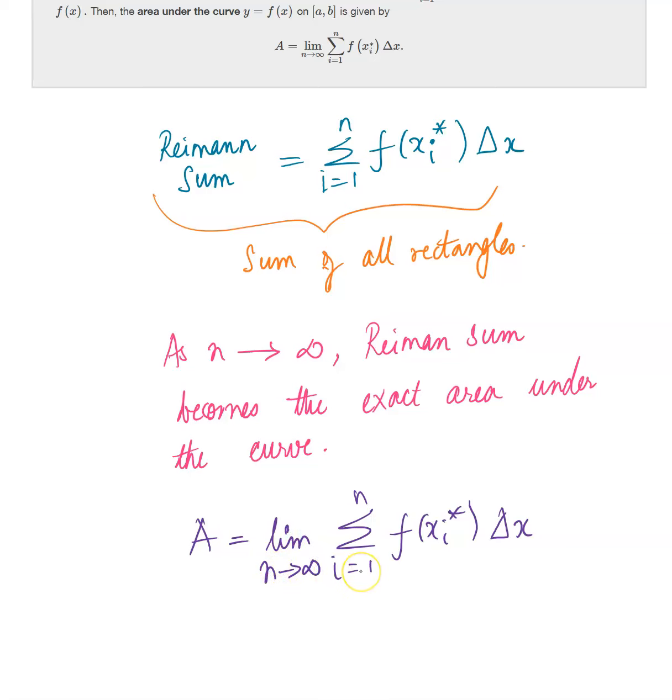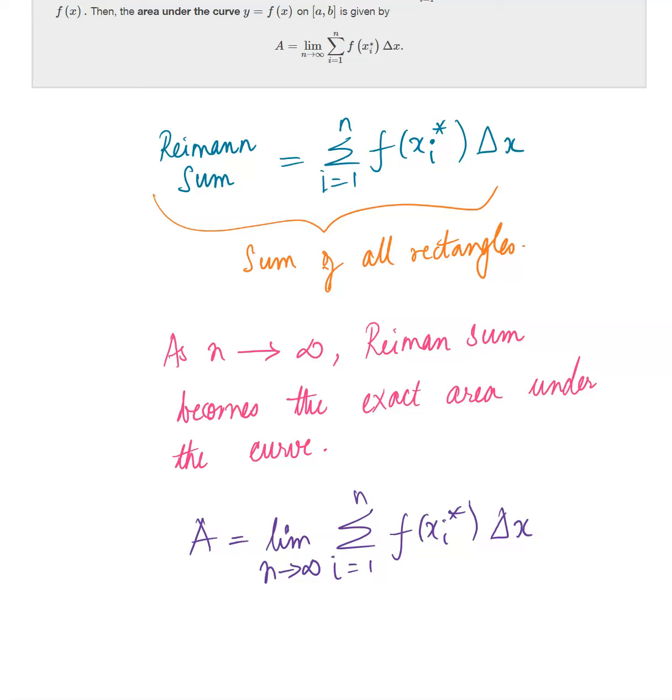So the limit of the Riemann sum gives us the exact area. So the limit as n approaches infinity of the Riemann sum is the area under the curve. And this is amazing because it gives you the exact area because you are able to use limits to allow n to go to infinity.